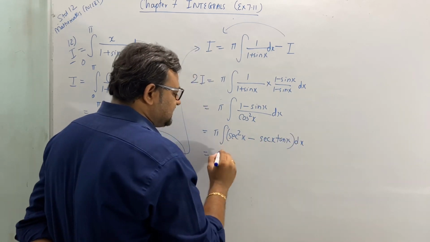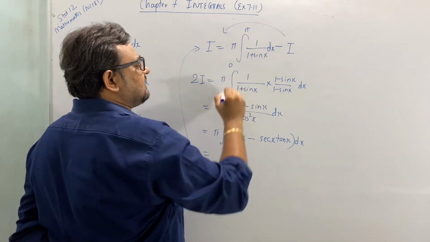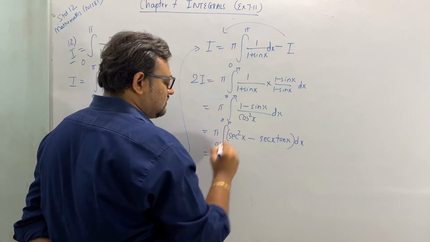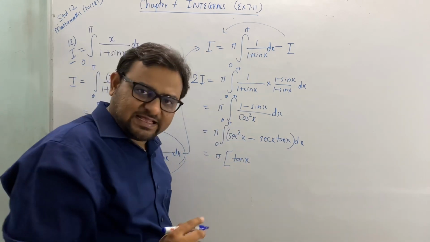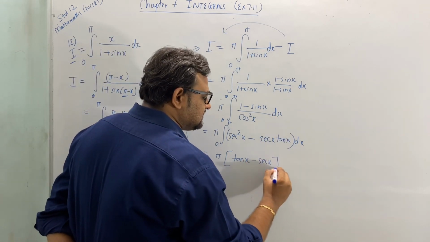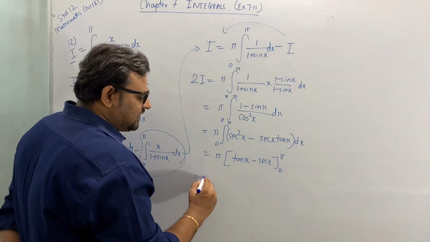So now it's very easy. We have just forgotten to put the limit 0 to pi. So integration of sec square x is tan x and integration of sec x tan x is sec x, from 0 to pi. Now just put the values.